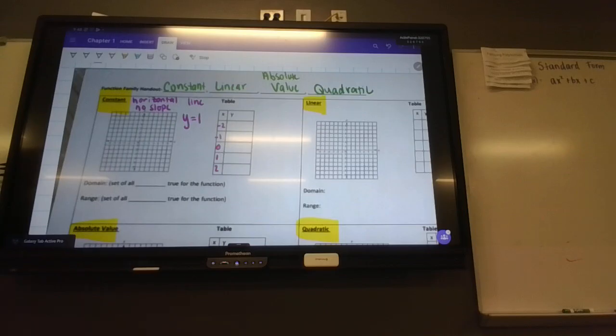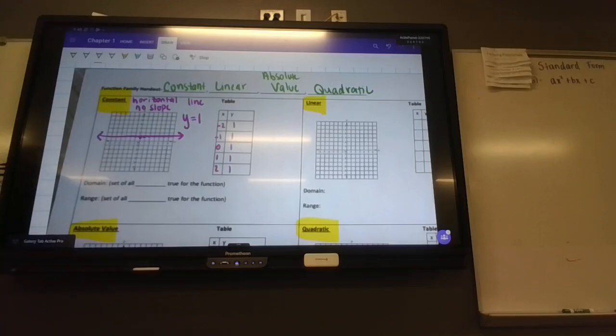And actually, there is nowhere to plug in for x. All of the y values will always be 1 in the constant. And so that's why it comes out to be a horizontal no slope line. The most boring of all the function families.